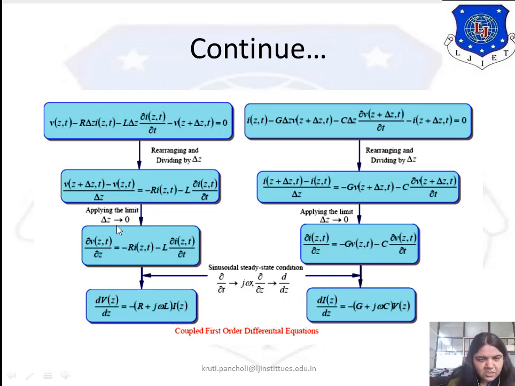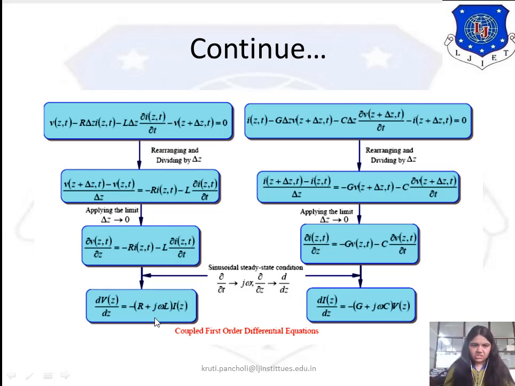So delta Z tends to 0, and we are writing this as del V(Z) by del Z equal to minus R i(Z,T) minus L del i(Z,T) by del T. Again applying delta Z tends to 0, we get this equation.